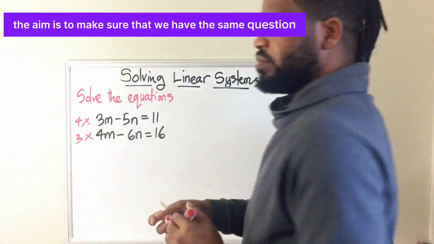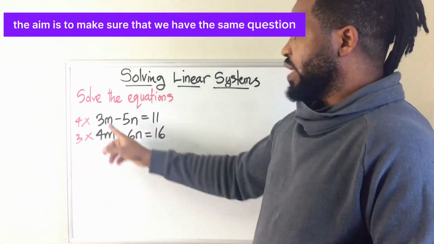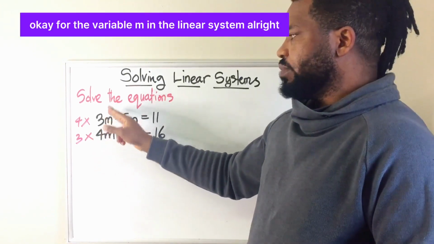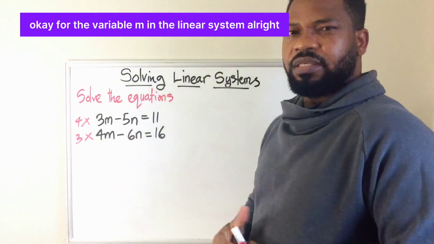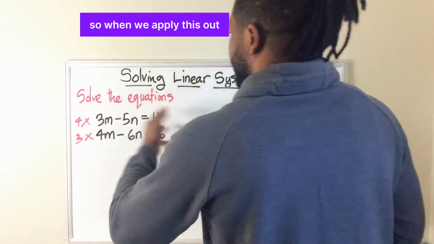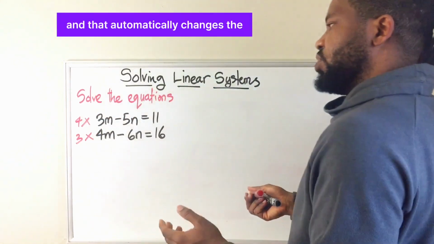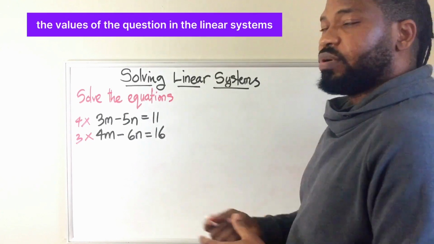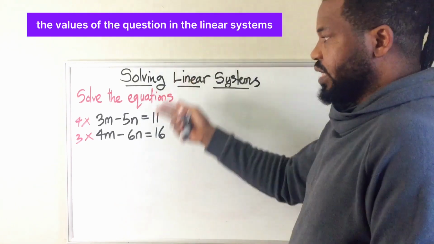Remember, the aim is to make sure that we have the same coefficient for the variable m in the linear system. All right, so we multiply this out, and that automatically changes the values of the coefficient in the linear system.